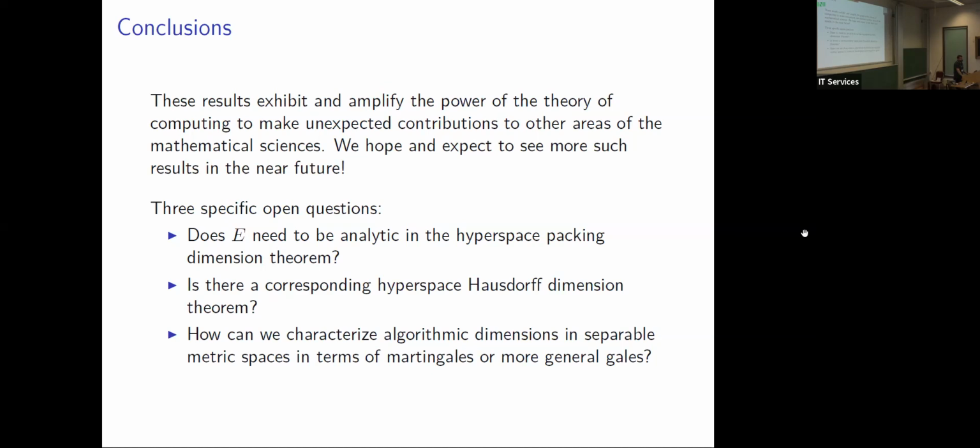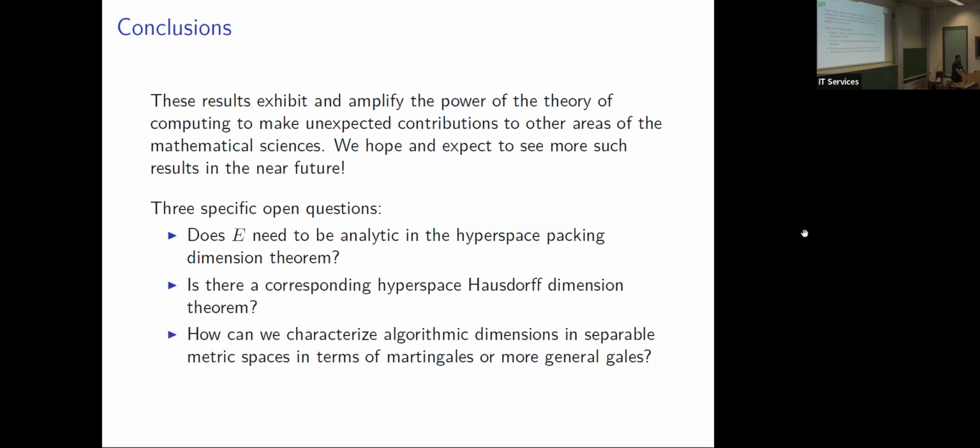I mean, one example for just the standard Euclidean space could be, if you're using dyadic rationals rather than all rationals, or maybe another computable enumeration, just a dense set of reals.